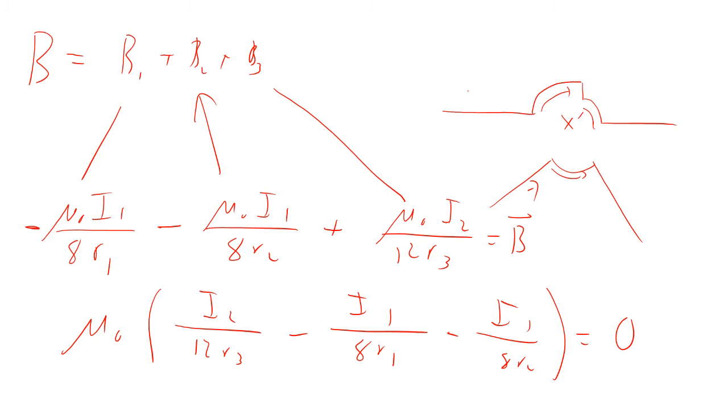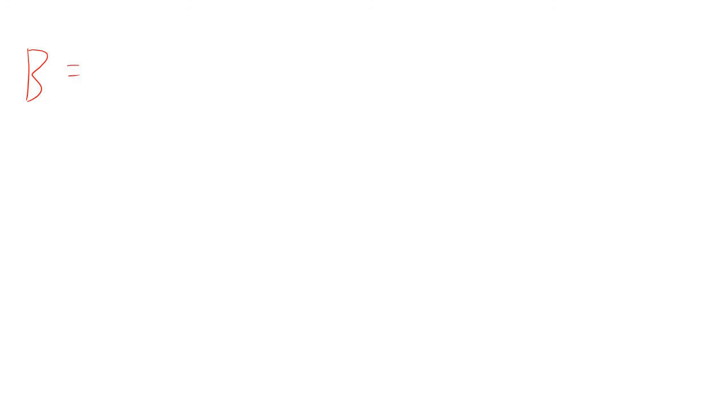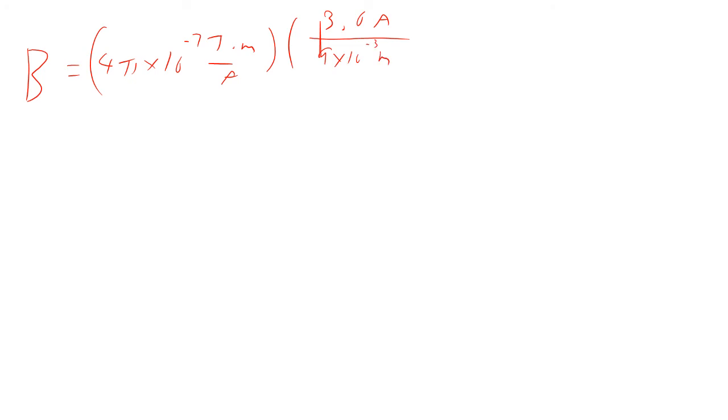So we plug in all our numbers, and what we find is the magnetic field is going to be 4 pi times 10 to the minus 7 Tesla meter per amp times the I2, 3 amps, divided by the 0.9 centimeters, which is 9 times 10 to the minus 3 meters, minus the 2.2 amps divided by the 1.2 centimeters, which is 0.012 meters, minus 2.2 amps divided by the 0.75 centimeters, so 7.5 times 10 to the minus 3 meters.